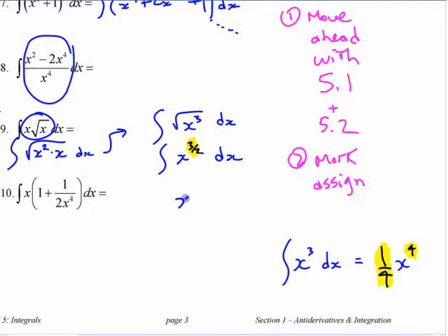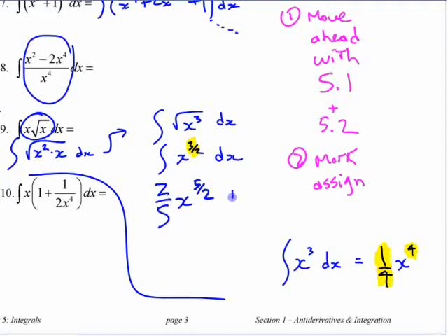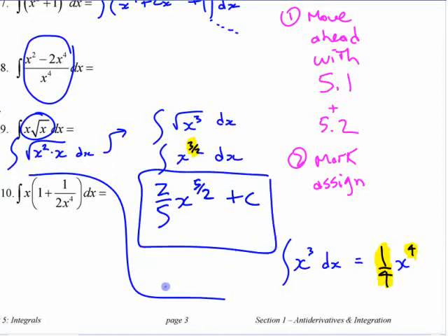So I would think, what power do I need here? It goes up by 1, right? When you find the derivative, it goes down by 1. When you find the integral, it goes up by 1. So this is x to the 5 over 2. And in front, we need the reciprocal of that, 2/5. And we need plus a constant, and that gives us the indefinite integral.